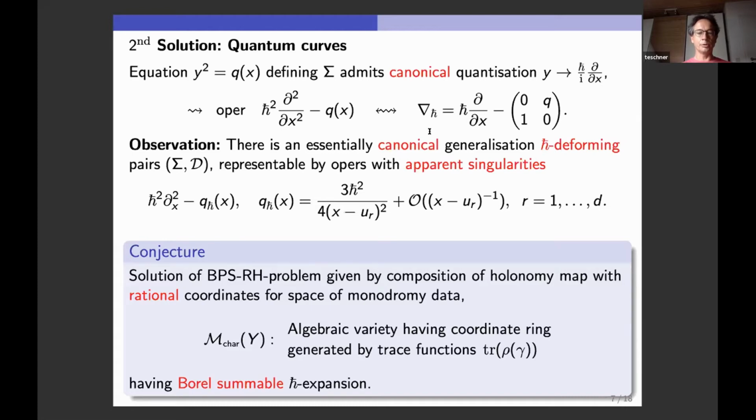There is a whole theory about generalizations of this type of differential operators, which is not so important for what I'm saying today. What is important is that there is an essentially canonical generalization which basically h-bar deforms these pairs sigma, d, which then was representing, according to the previous discussion, this torus fibration. This comes by allowing apparent singularities.